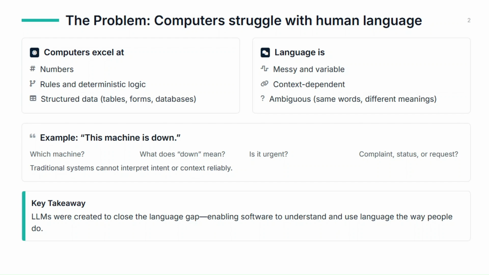Consider a simple sentence: "This machine is down." A human immediately asks, which machine? Is it urgent? Is this a complaint, a status update, or a request for help? Traditional software cannot reliably interpret this intent. This gap between how humans speak and how machines understand is the core problem LLMs were designed to address.